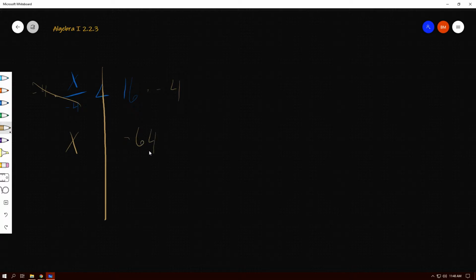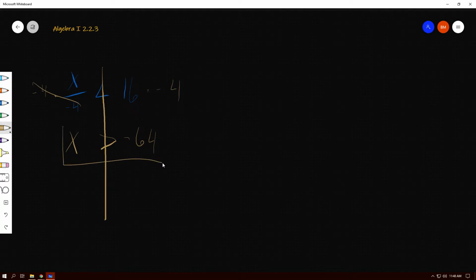Now, here's the most important thing that you will need to keep in the back of your mind as you work on inequalities: if I divide or multiply by a negative number, I have to switch the sign. We multiplied both sides by -4. That means I need to take that less than sign and switch it to greater than.